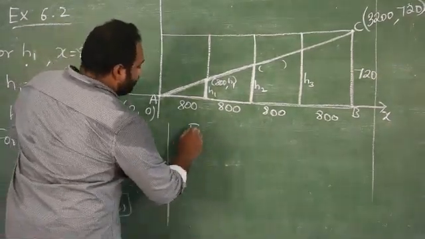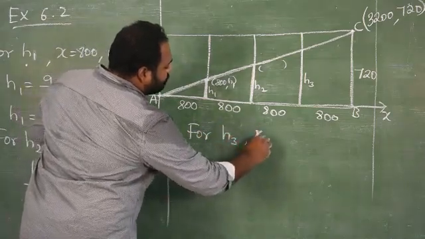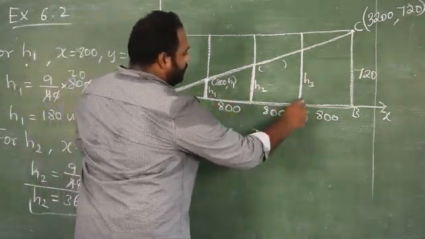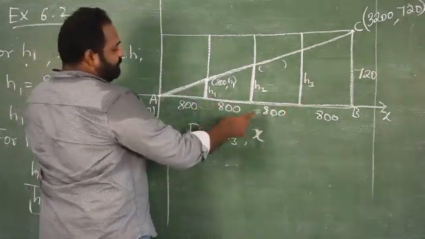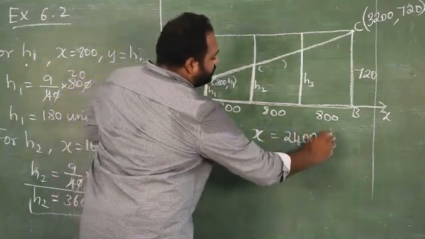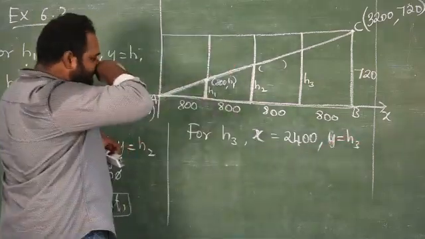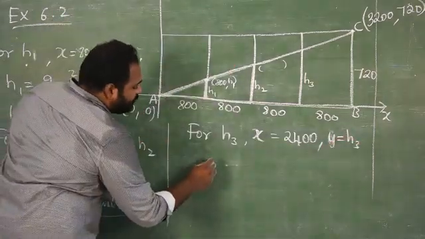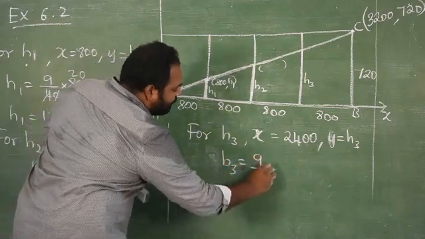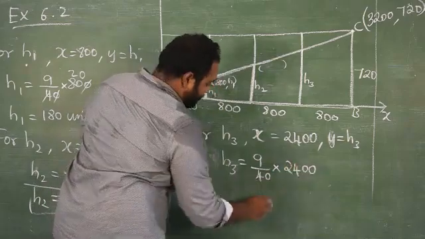Next, for height 3, x is supposed to be 800 plus 800 plus 800, which is 2400. Y is supposed to be h3. Again apply it in the general equation. h3 equal to 9 by 40 into 2400.